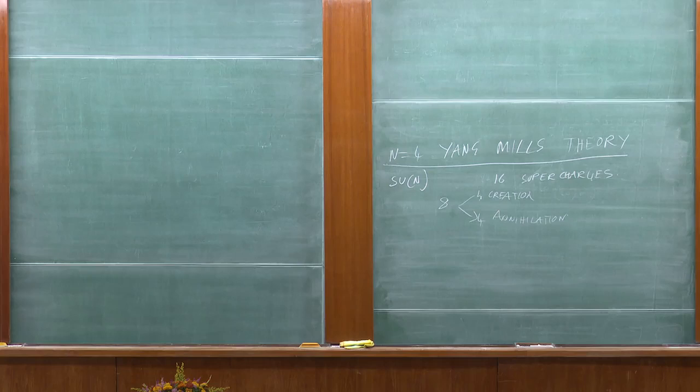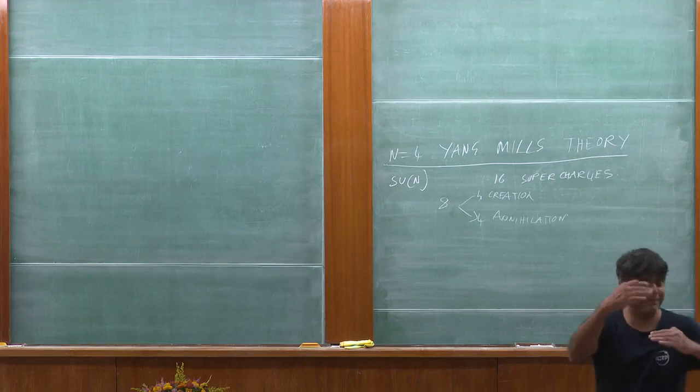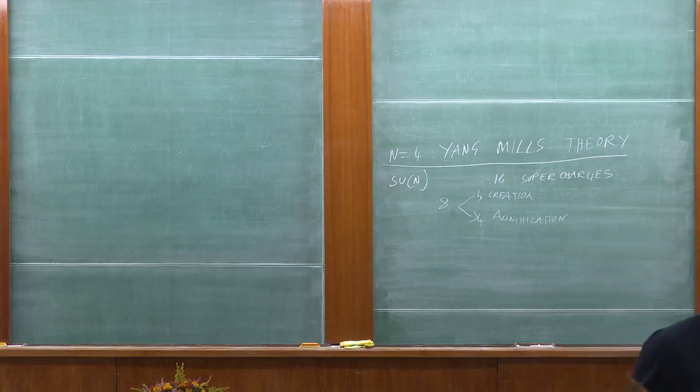So the difference between the spin of the vacuum and the spin of the highest spin state is clearly 4 times a half, which is 2. If we want a CPT invariant spectrum, we have to choose the spin of the vacuum to be minus 1. So the spins range from minus 1 to plus 1.